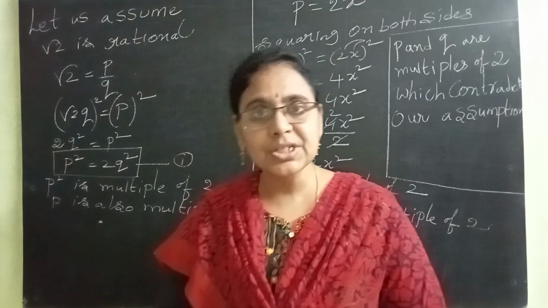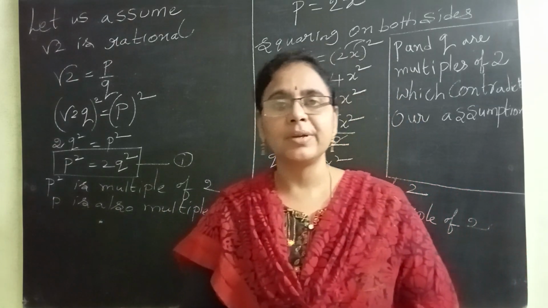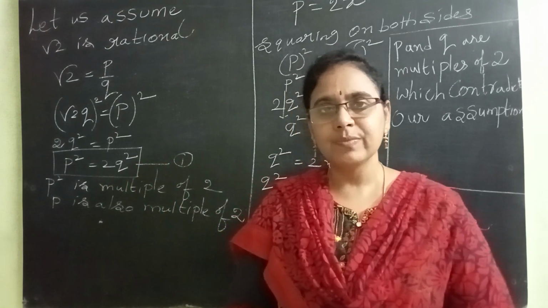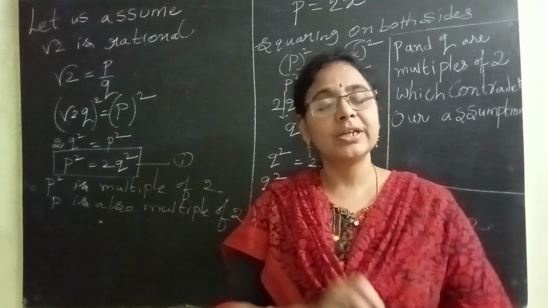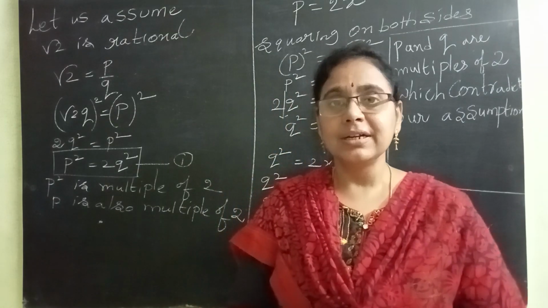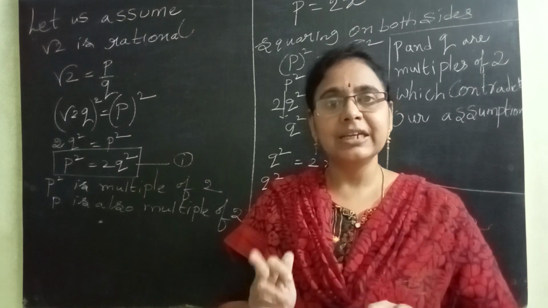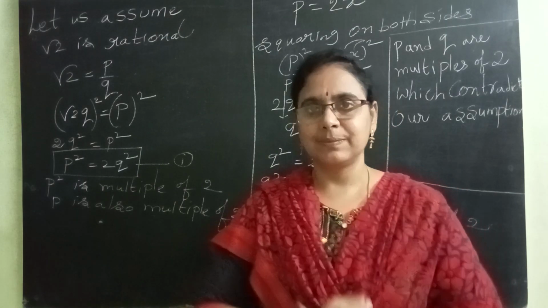What do you mean by rational? Rational numbers means which is in the form of numerator by denominator, where numerator and denominator belong to integers, denominator not equal to 0, and they must be co-primes.